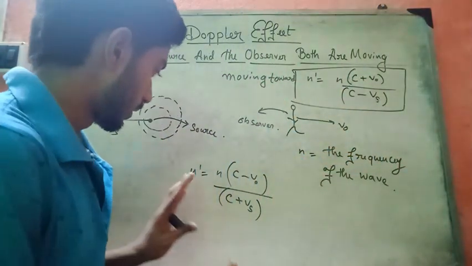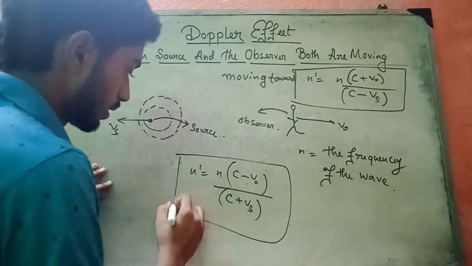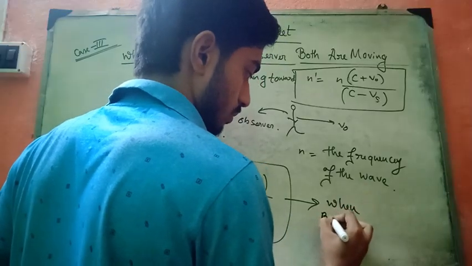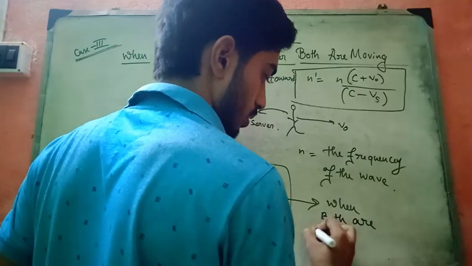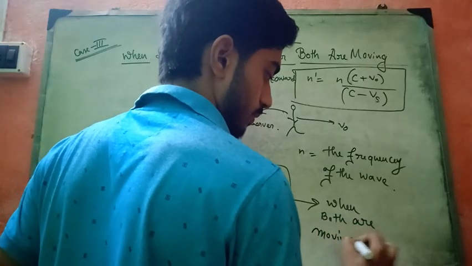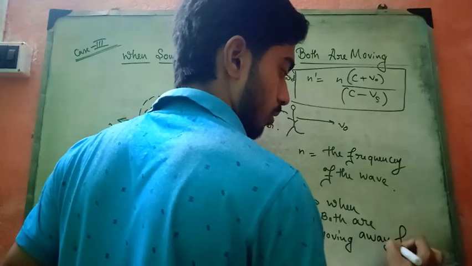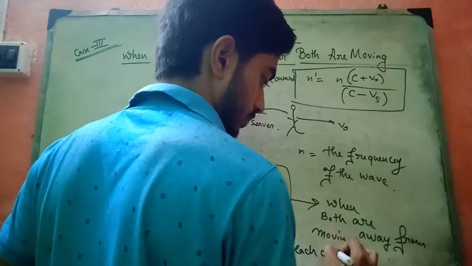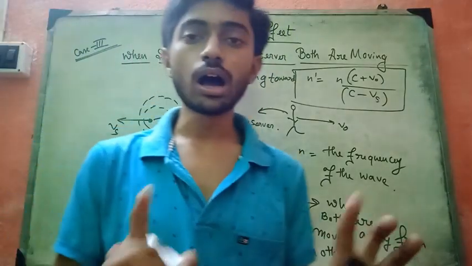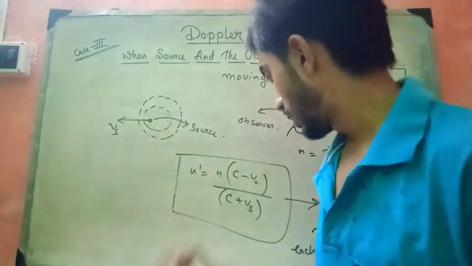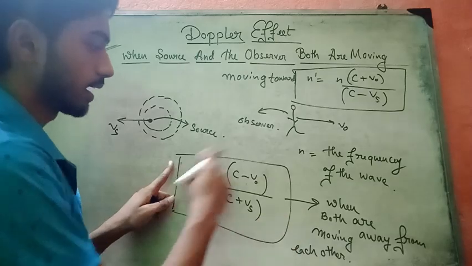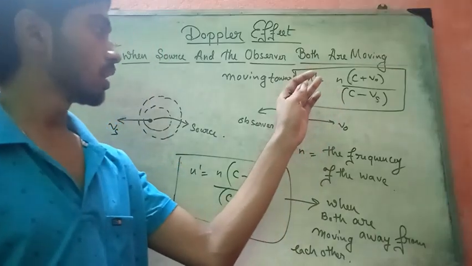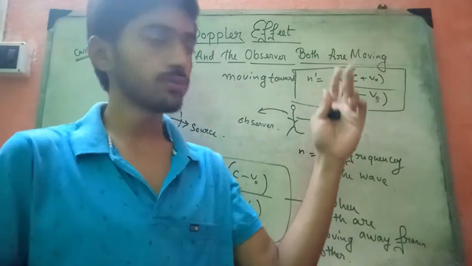So when both are moving away from each other, the frequency changes like that, and when both are moving towards each other, the change of frequency with respect to the observer is like that.